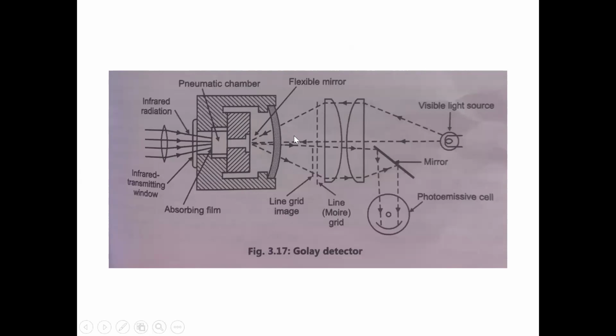So here, light from the light source is allowed to fall on the flexible diaphragm and the reflected light is collected by the photocell. So motion of the diaphragm changes the output of this photocell. When the mirror is not moving, the light reaches this mirror and it is reflected onto the photocell.